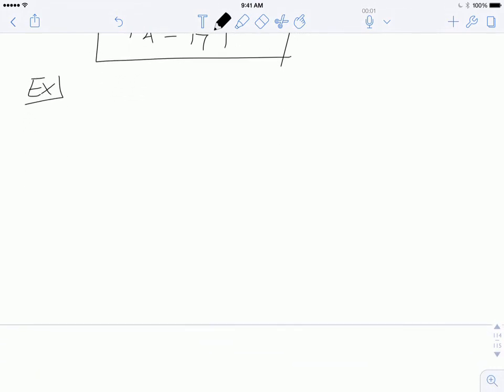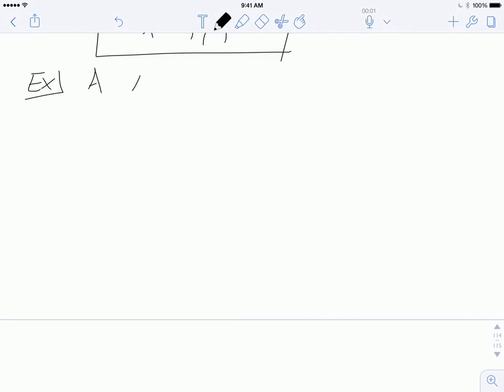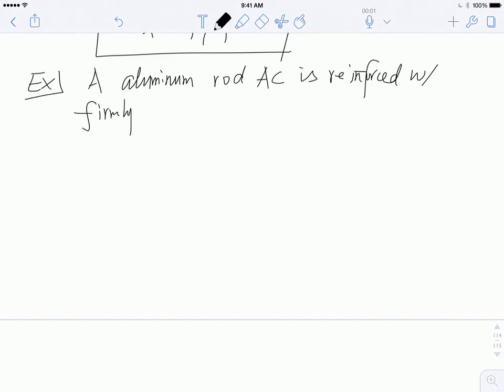We have an aluminum rod AC that is reinforced with a firmly bonded steel tube BC, which I'll show you in the figure later on.